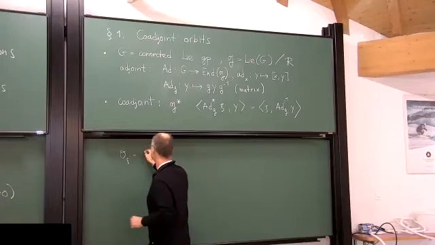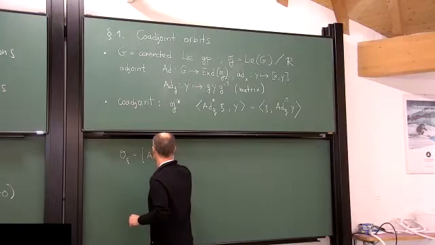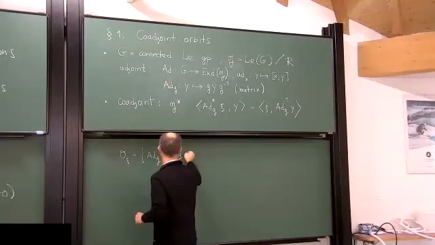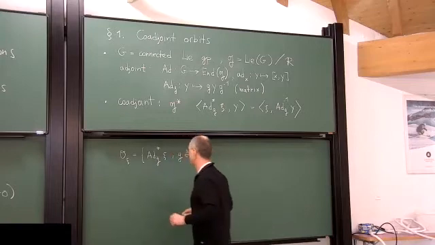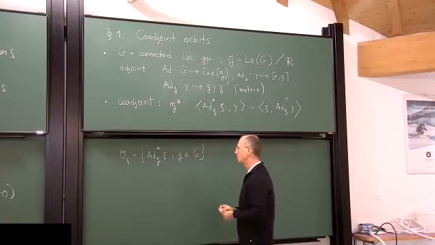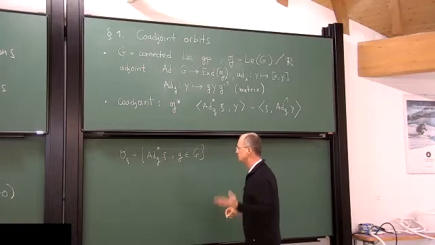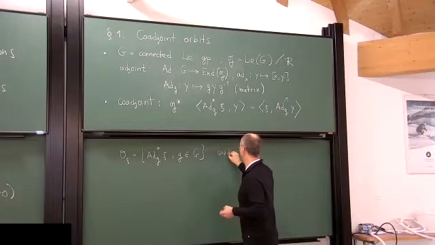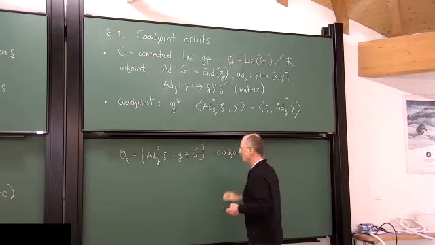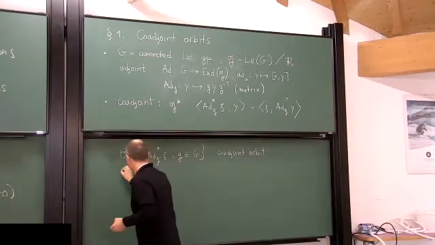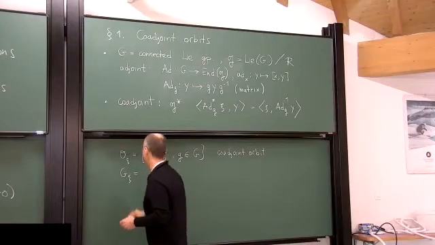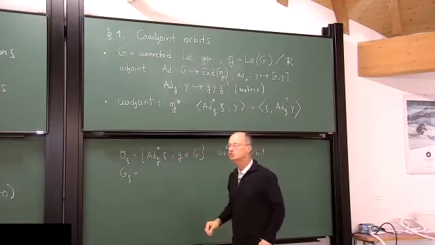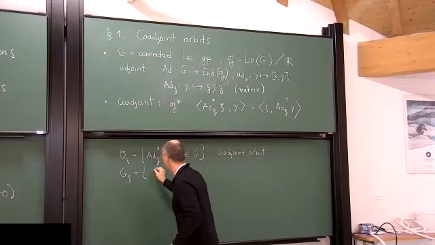So coadjoint orbits are, of course, orbits of the coadjoint action. An orbit passing through an element psi is just whatever you get by acting by the group G on it. And it will be convenient to introduce a special notation for stabilizer subgroups.